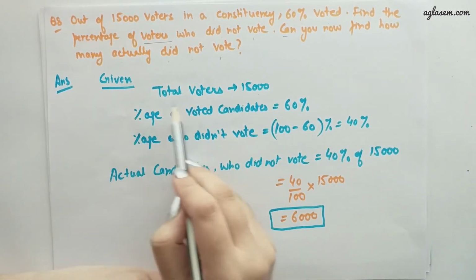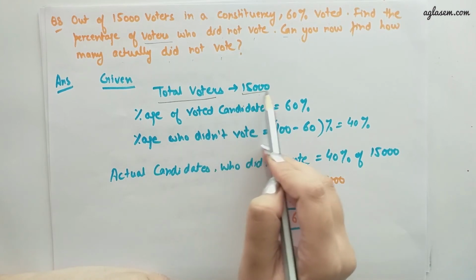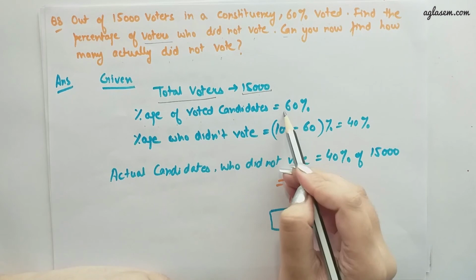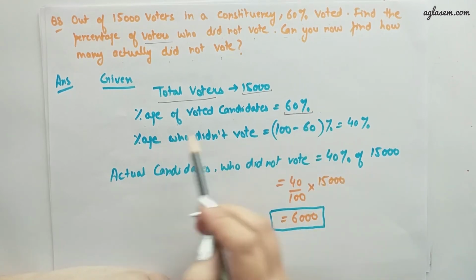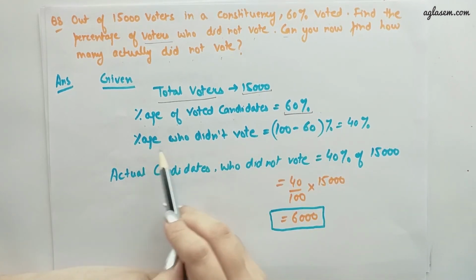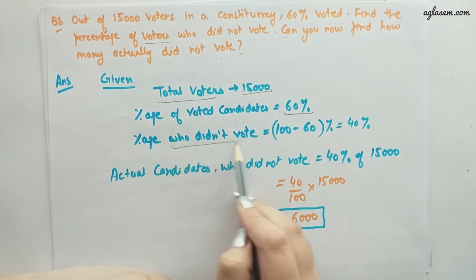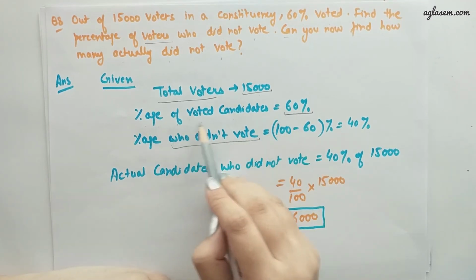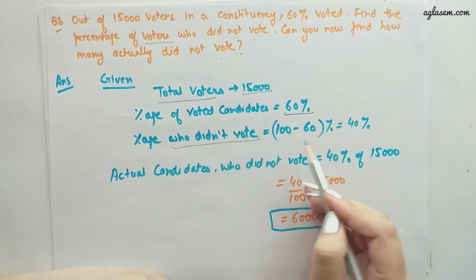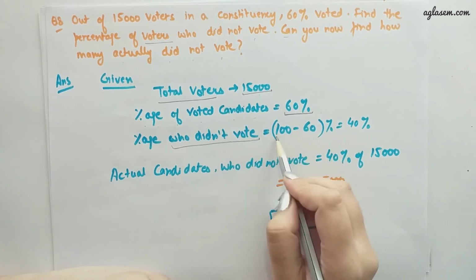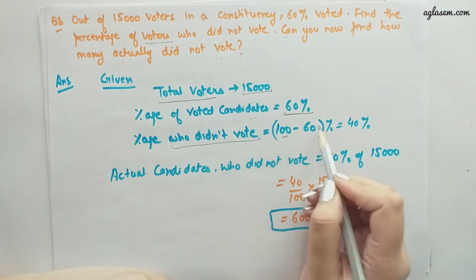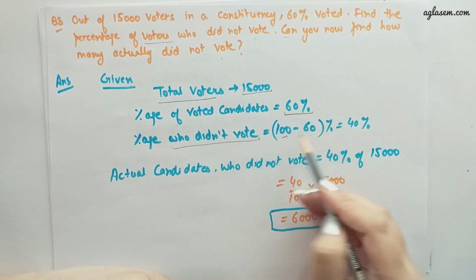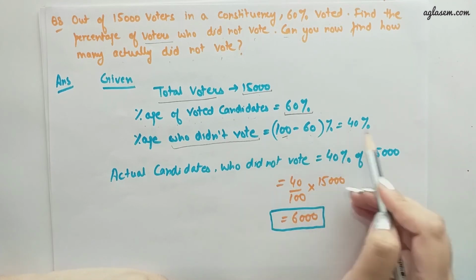So we are given total voters, that is 15,000, and percentage of voted candidates, that is 60%. Now we have to find out the percentage of voters who did not vote, that is we have to subtract the candidates who voted from the total percentage. Total percentage is 100, minus 60%, so we'll get 40 as an answer.